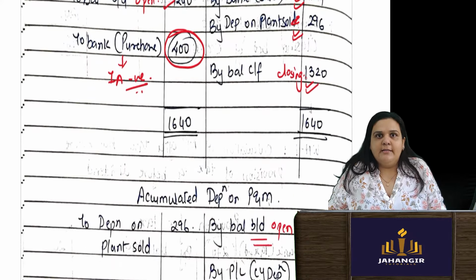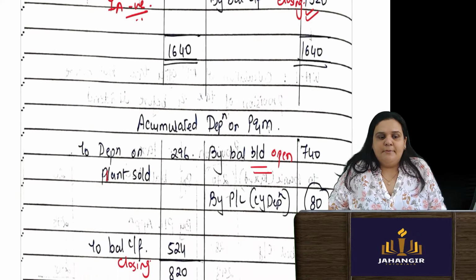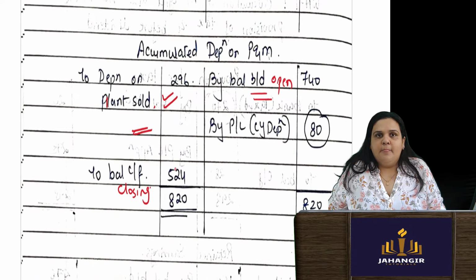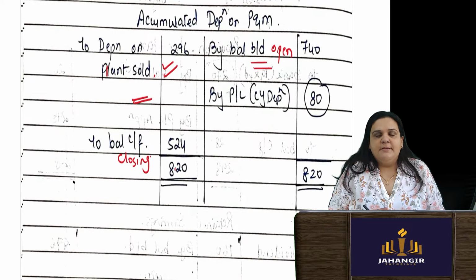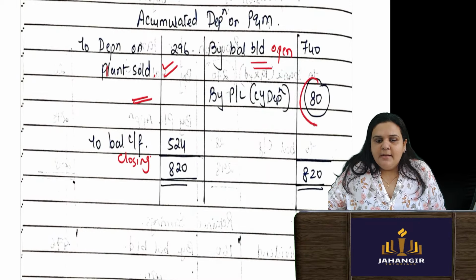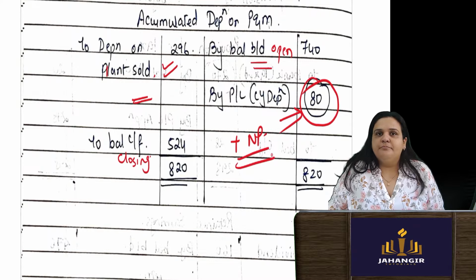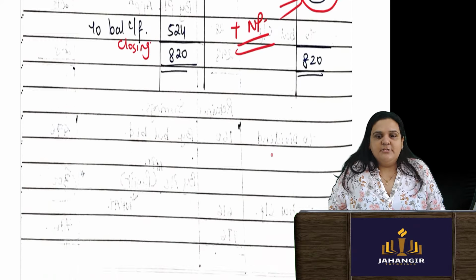If I have credited the plant, I will debit my depreciation account, depreciation on plant and machinery sold, 296 lakhs. So when I close my depreciation on plant, this will be my current year's depreciation on plant. I'll have to add this back to my net profit, right? This is going to be my depreciation for plant.